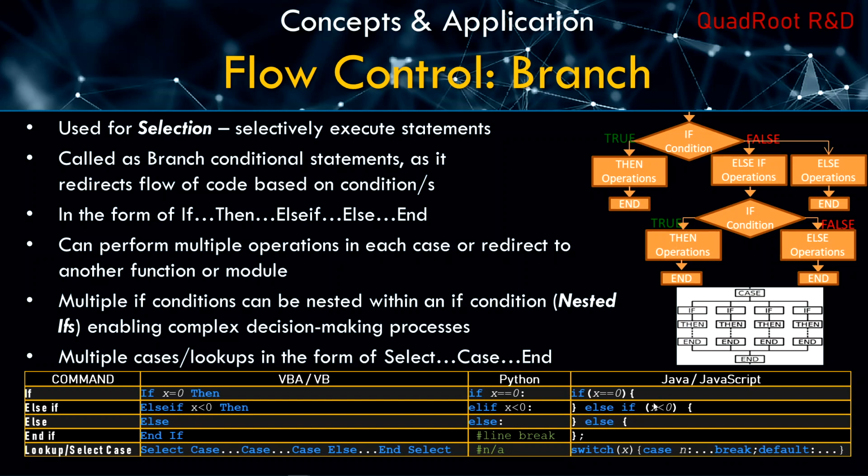And then now it checks for negative numbers and does everything between these curly brackets if it's negative. If it's not negative, then it goes to the else and it does everything in this. But if this was true, then it would do only this and then go straight to the end. It would ignore else if, and else. Same as here.